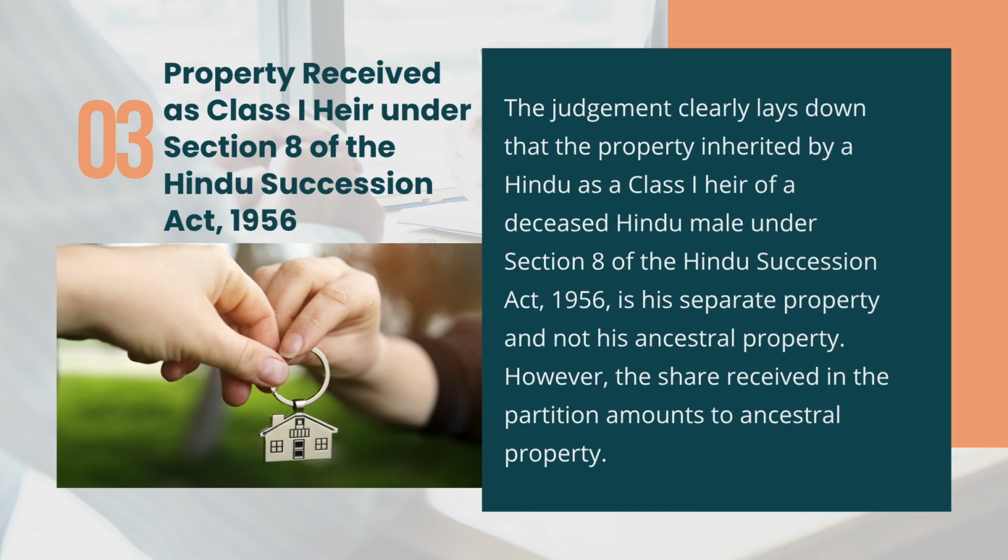The judgment clearly lays down that the property inherited by a Hindu as a Class 1 heir of a deceased Hindu male, under Section 8 of the Hindu Succession Act 1956, is his separate property and not his ancestral property. However, the share received in partition amounts to ancestral property.